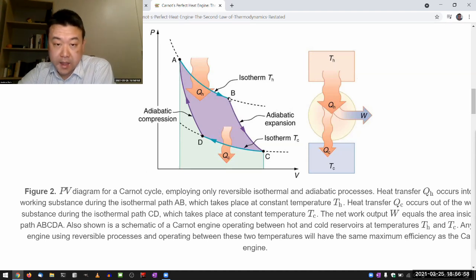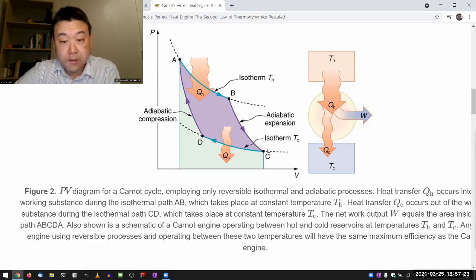So in this additional expansion, while the temperature is changing, any heat flow would limit the efficiency, so we make sure this expansion occurs without heat flow. I guess this part isn't that hard to do. You just make things as frictionless as possible.